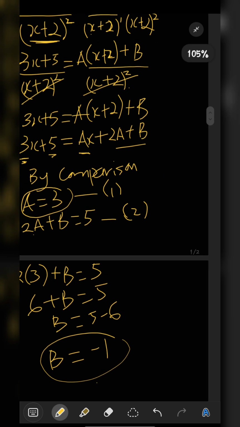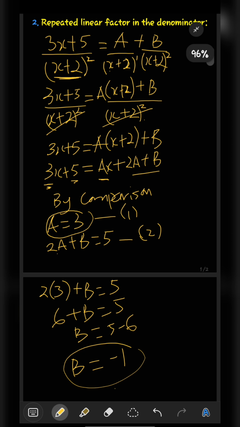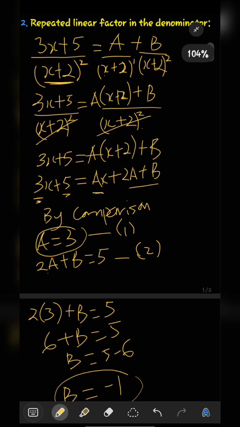Now we are going to go back to the partial fractions we have. We are going to input the values of a to be 3 here and b to be minus 1 here.